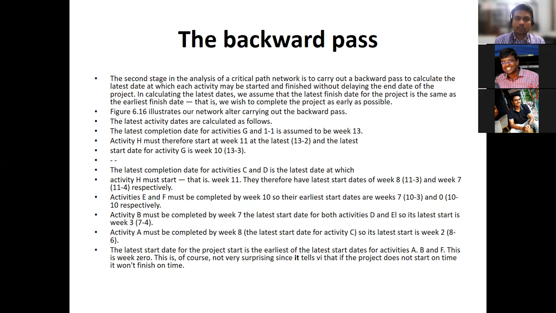The second stage in the analysis of a critical path network is carrying out a backward pass, mainly to calculate the latest date at which each activity may be started and finished without delaying the end date of the project. Without delaying the end date, whatever the final target date.